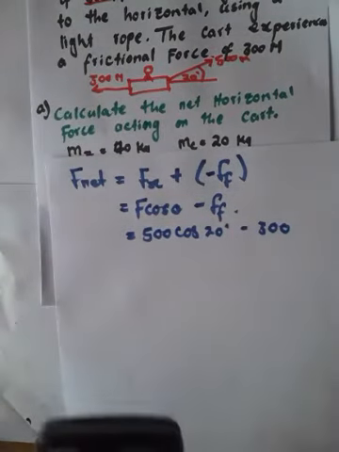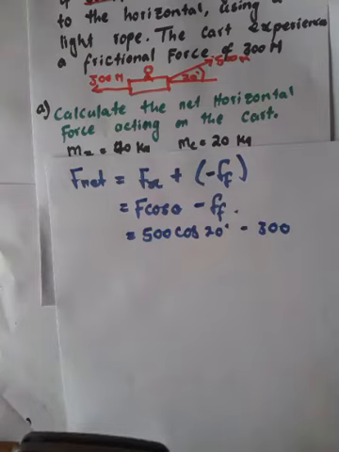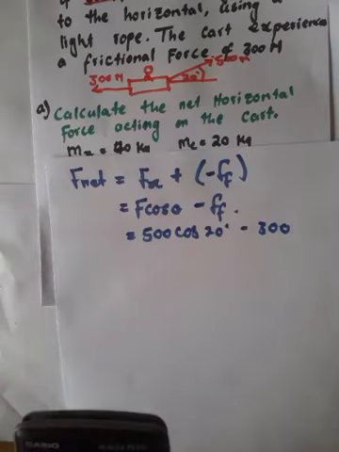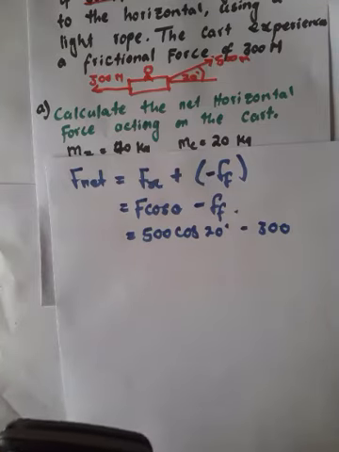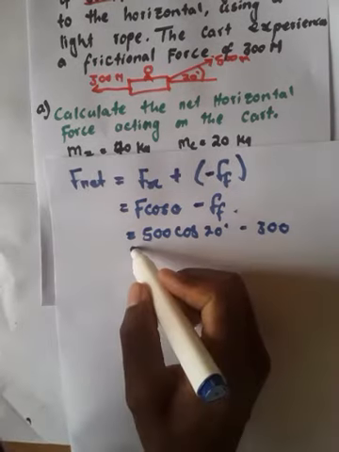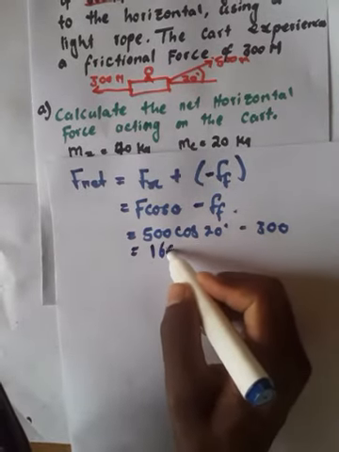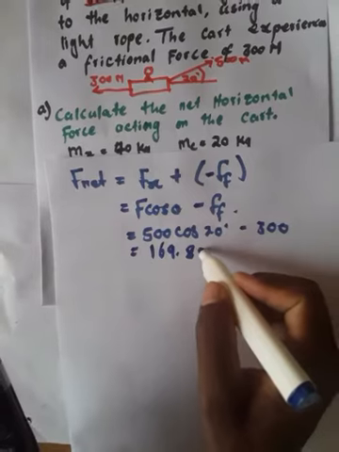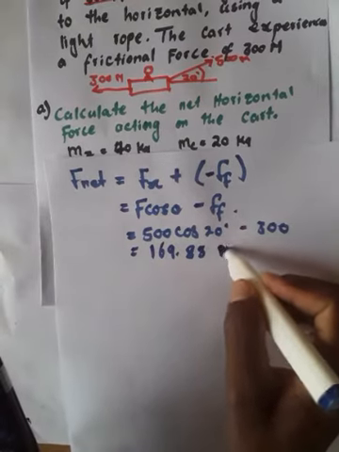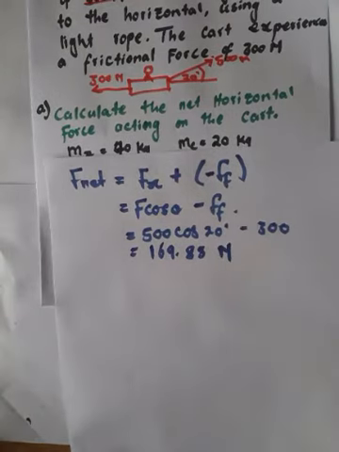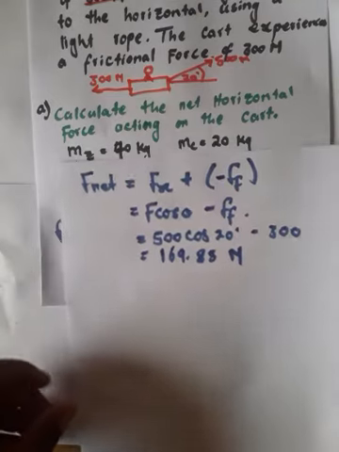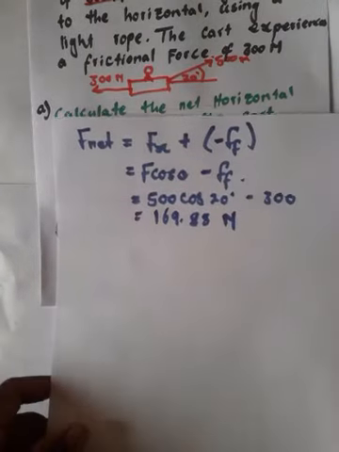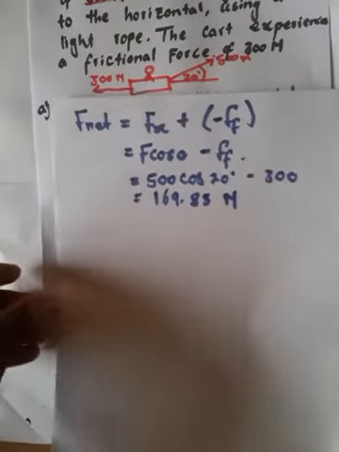So 500 cos of 20 minus 300, we get 169.85 Newtons. So this is the F net horizontal.